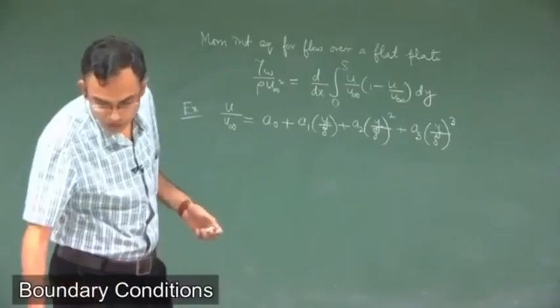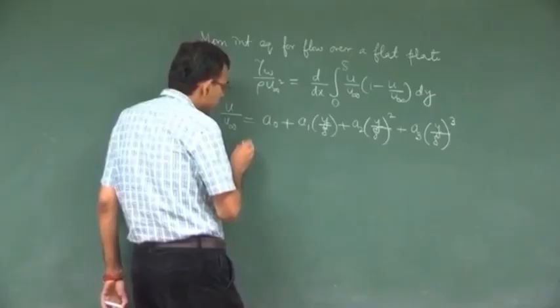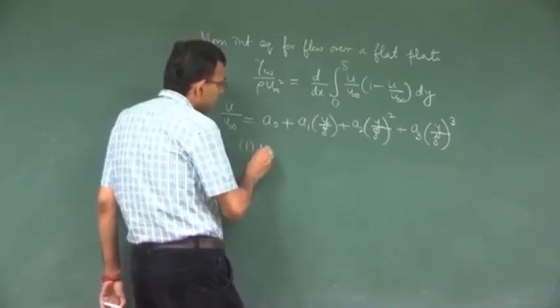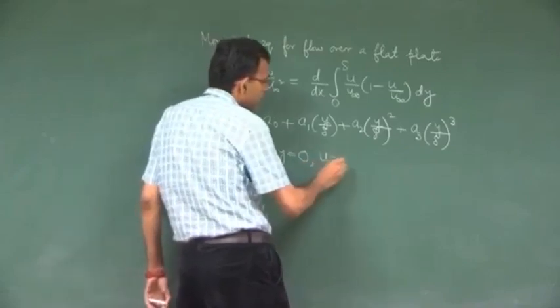So the first two boundary conditions that must be satisfied is that at y is equal to 0, u is equal to 0, this is no slip.